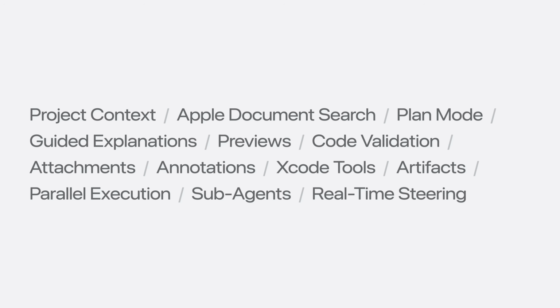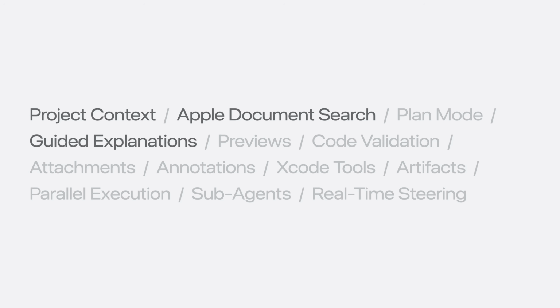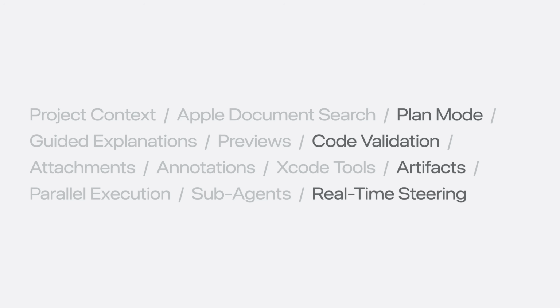Let's reflect on everything that we used to build out this new feature. It started with exploration, using Xcode tools and Apple Document Search to map out the codebase and learn about the APIs that we wanted to use. When it was time to build, we used plan mode to design an architecture before writing any code, and relied on queued messages and agent questions to align with the agent on the ideas.